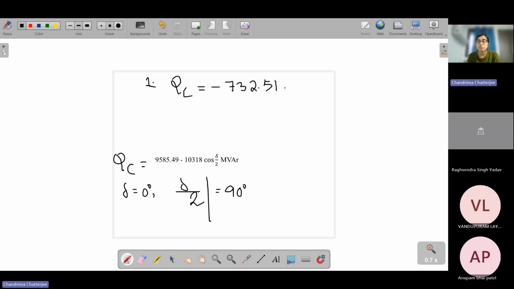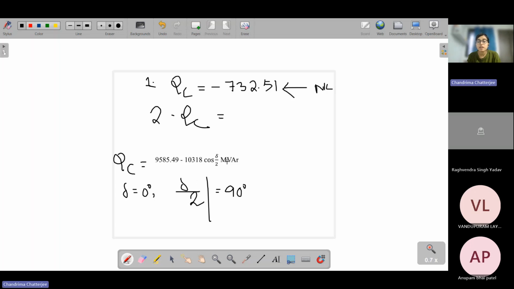Okay, that is at no load. We need to take the extreme conditions, and this is at no load. And case 2 is when del by 2 we need to take 90 degree.